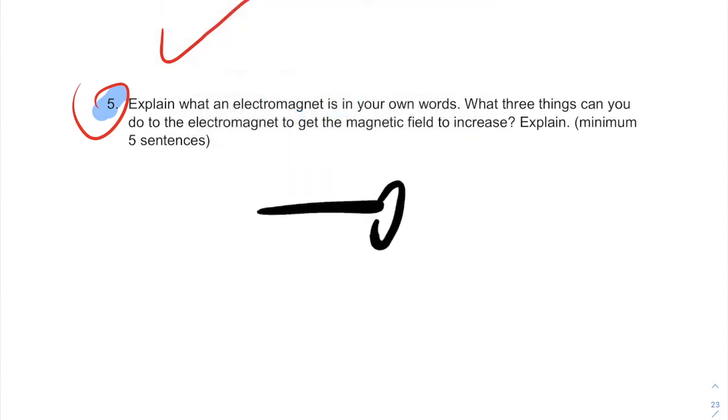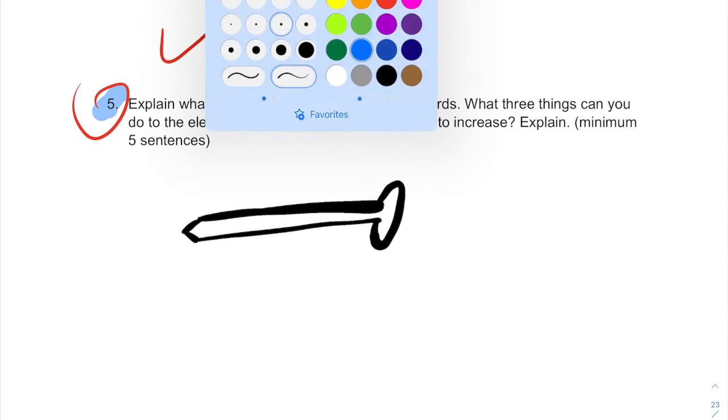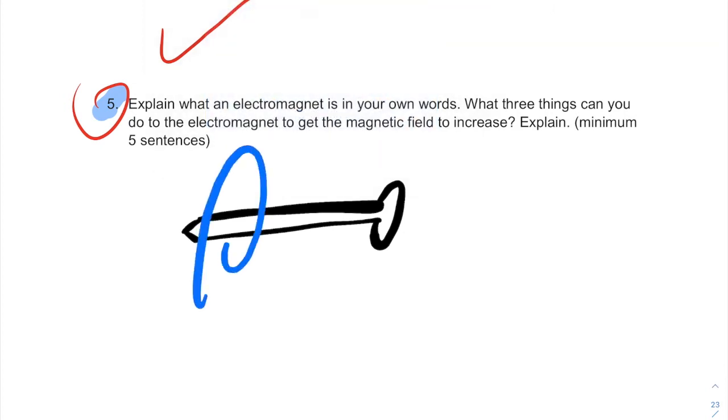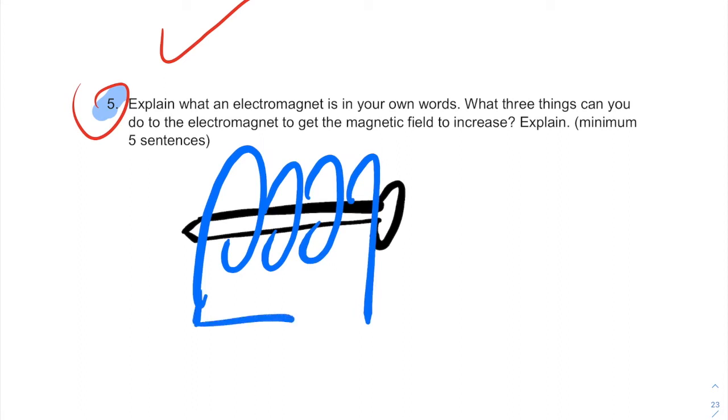So let's say we've got an iron nail, and what we do is we wrap loops of wire around that nail, and then you connect it to an energy source like a battery. And when you do that, electric current flows through these wires.